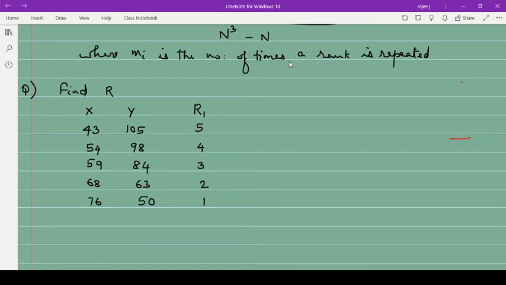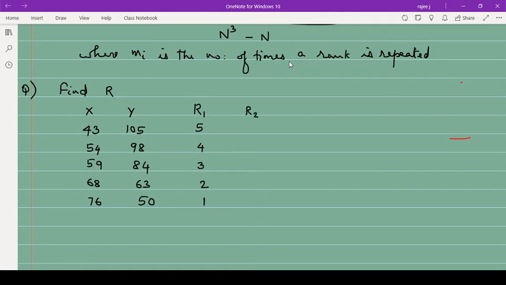If it is not given in that order, you have to just give the rank wherever it is. Suppose 76 is here and 68 is here, you will be giving the second rank here. You have to just go on writing the rank.